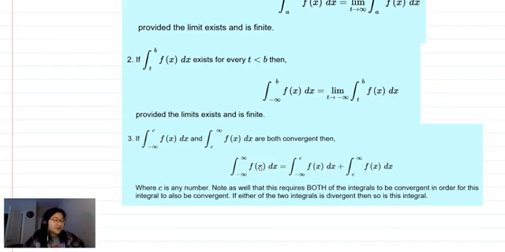But that will imply that we have convergence for our sum, because when you have a number plus a number and you get a number, then you're good to go. This does require that both of these converge. Otherwise, if you have a number plus infinity, you're not going to get a number, you're going to get infinity. So if either of these diverges, then this one is going to diverge.